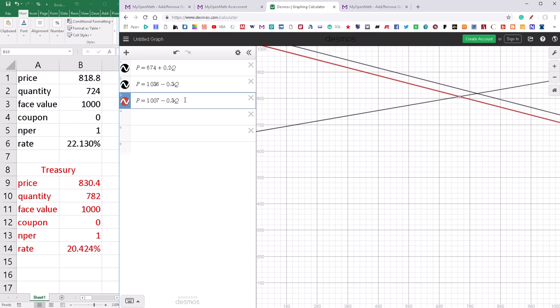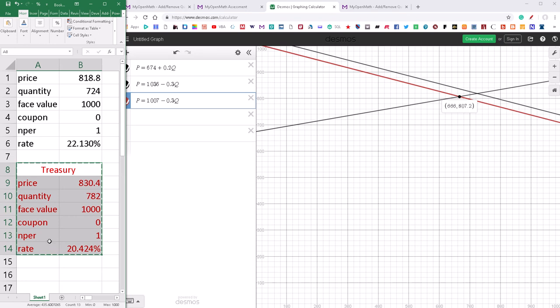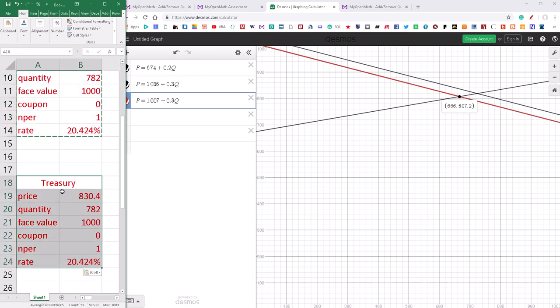This is the demand curve for corporates when people realize they're less liquid. And then I'm going to copy this and paste it down here, and I'll call this corp with less liquidity, right?